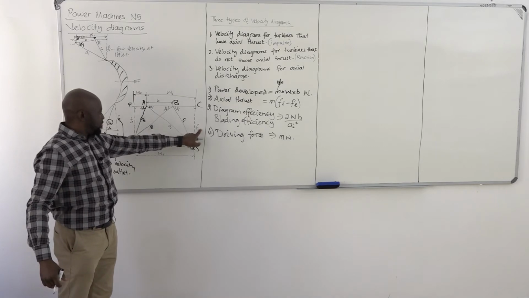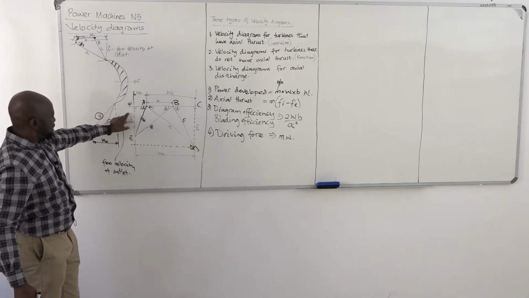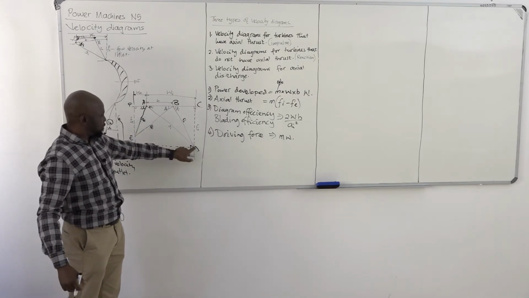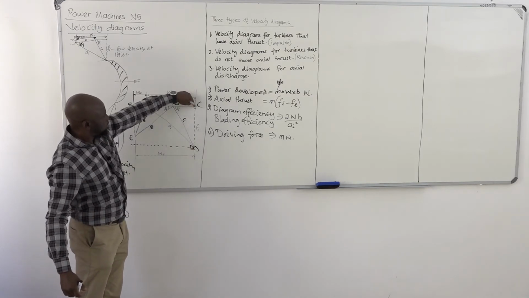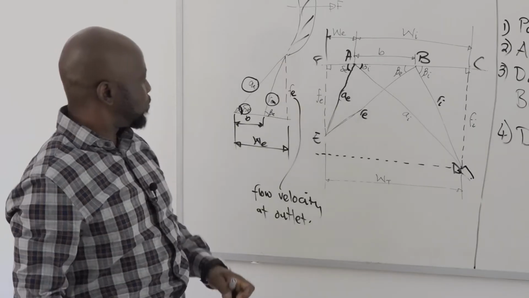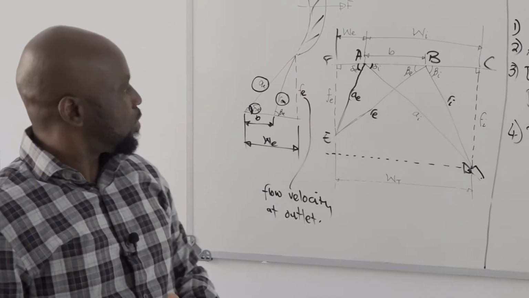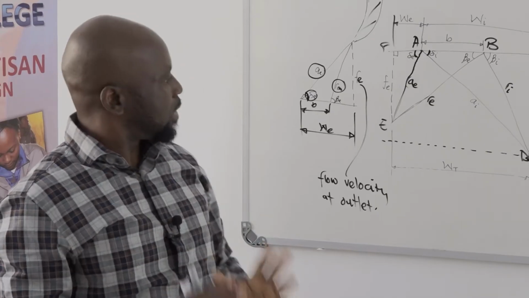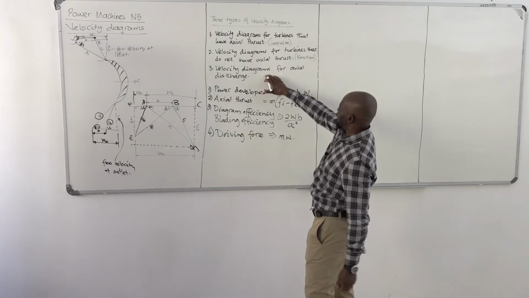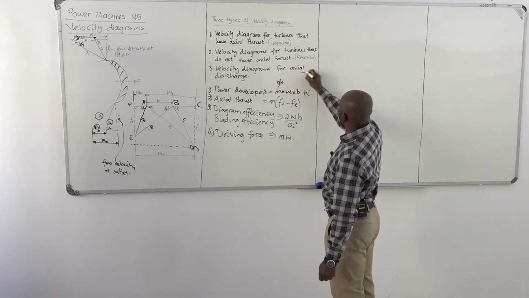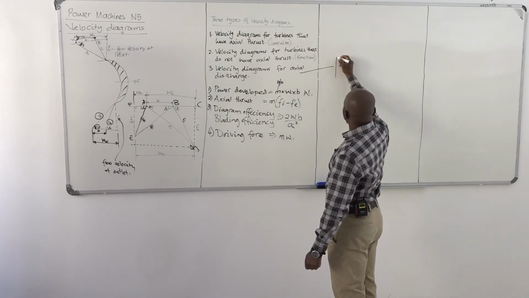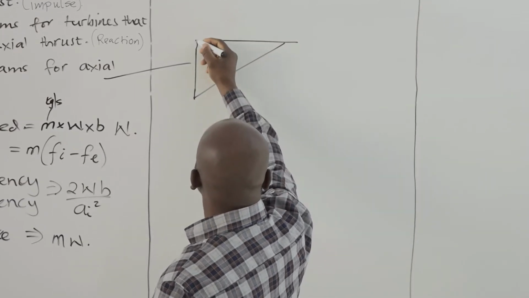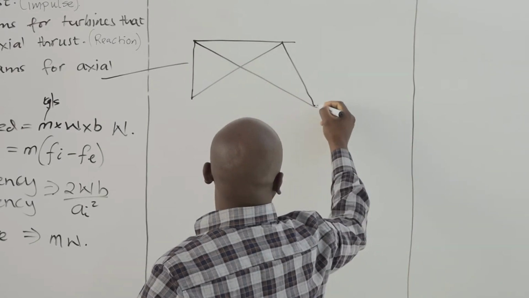Why? Because this Fi will be equal to Fe. Fi and Fe are measured from this point straight to the top there, and this one is measured from that one to the top there. So these two have got to be on the same point. For the velocity diagram for the axial discharge, the velocity diagram will look like this. We are saying delta E is equal to 90 degrees.